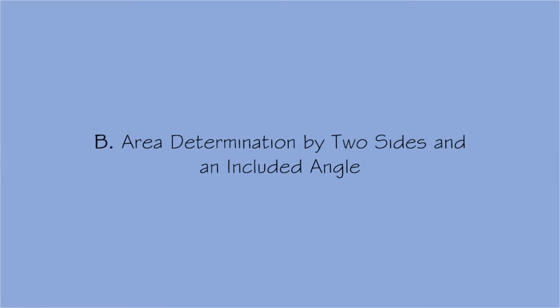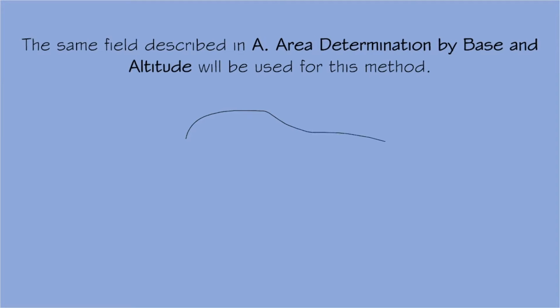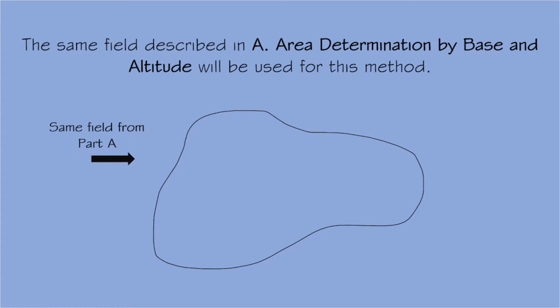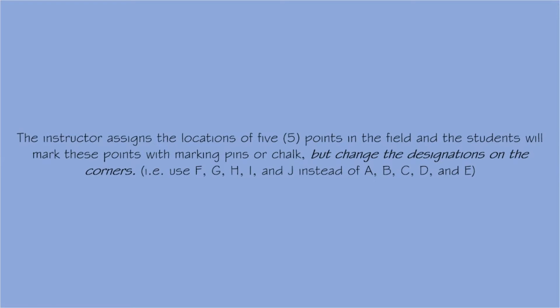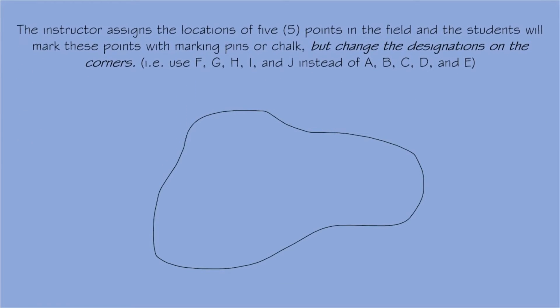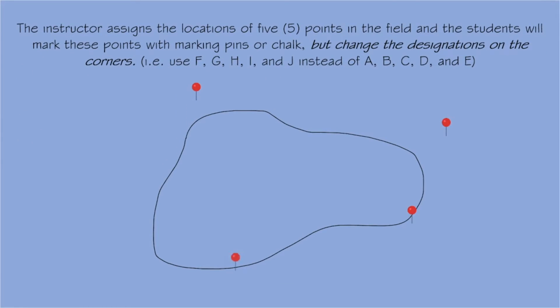Area determination by two sides and an included angle. The same field described in A, area determination by base and altitude, will be used for this method. In simple words, same field as in part A. The instructor assigns the location of 5 points in the field, and the students will mark these points with marking pins or chalk, but change the designations of the corners.